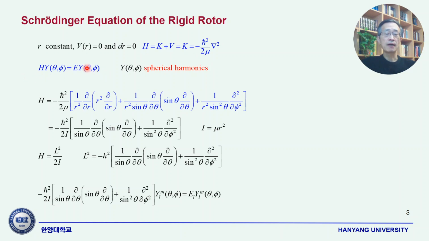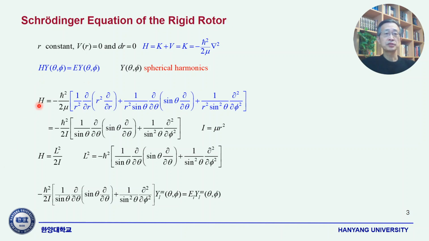The solution for the Schrodinger equation is denoted here as Y, well actually this is epsilon, theta phi. And this Y of theta and phi we call spherical harmonics. This is the name for this function. That is the solution of the Schrodinger equation for the rigid rotor.